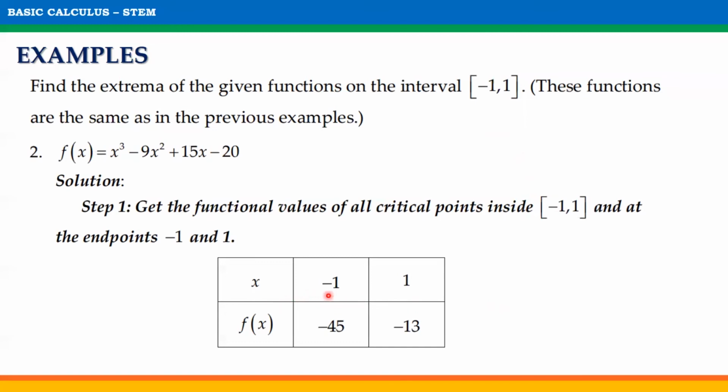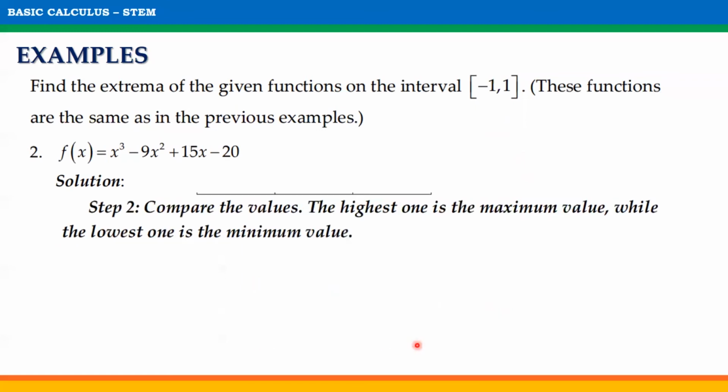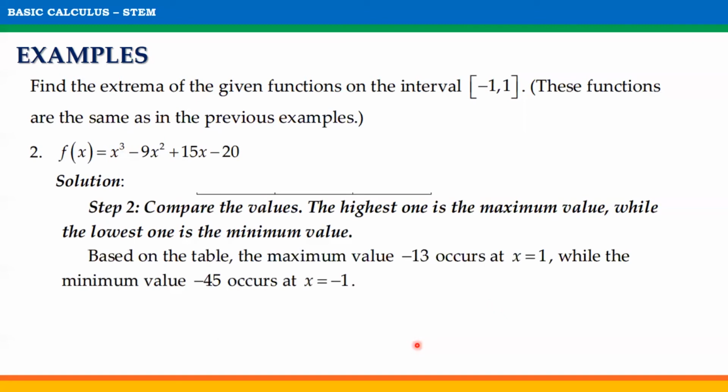When x is equal to -1, the value of f of x is equal to -45. When x is equal to 1, the value of f of x is equal to -13. Comparing these values, the maximum value is -13, which occurs at x equals 1, while the minimum value is -45, which occurs at x equals -1.